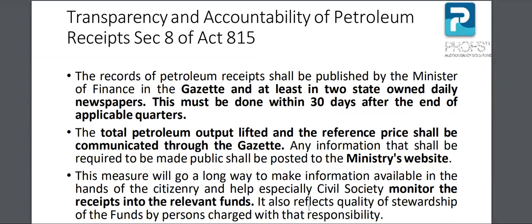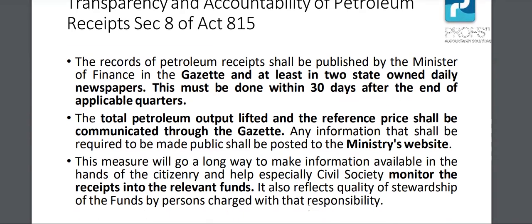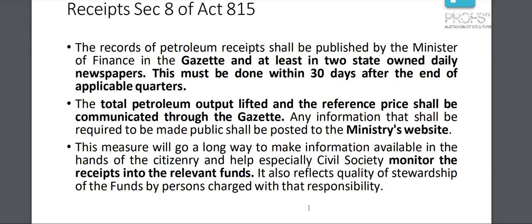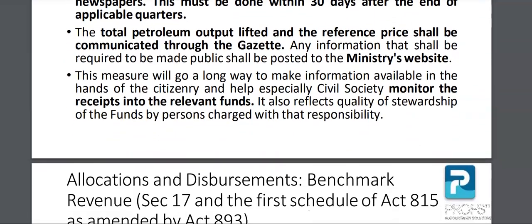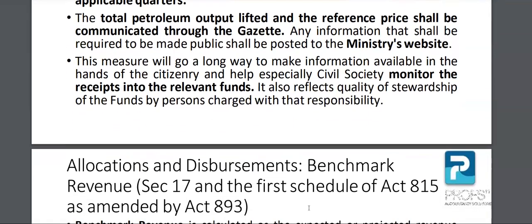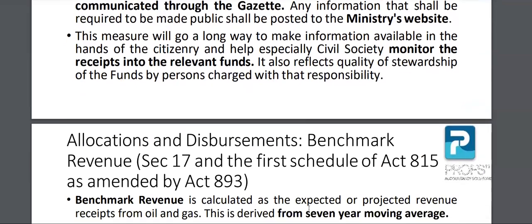This published receipt must indicate the total petroleum output that has been lifted, that is the quantum that has been produced, and then the reference price as well as any other information, so that the citizens of Ghana will be in the know of whatever is happening.